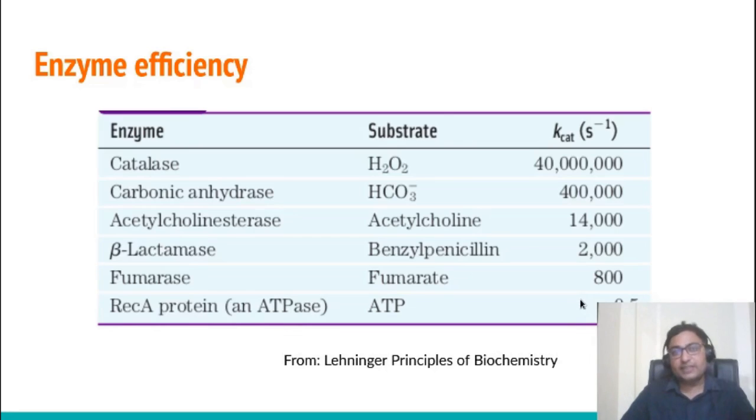So every enzyme has its own efficiency to perform work, and normally anabolic enzymes, where assimilation of energy into chemical energy takes place, have lower efficiency, whereas catabolic enzymes normally have a higher turnover number.